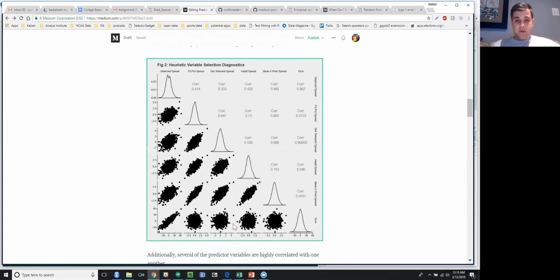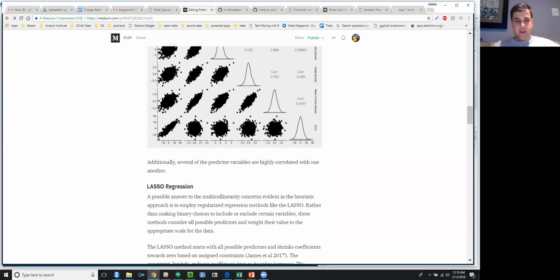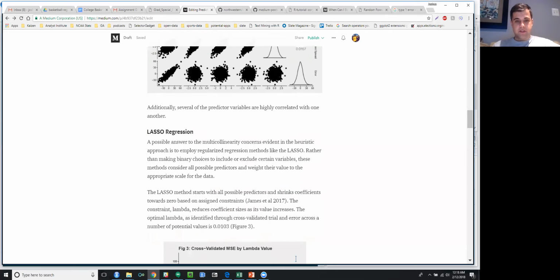So we can see on this bottom row here, this is error on the y-axis and the various predictor variables on the x-axis, and error rates are highly correlated with the observed point spread. So that's bad. That violates one of the core assumptions of linear regression. So that model is almost definitely not going to be good.